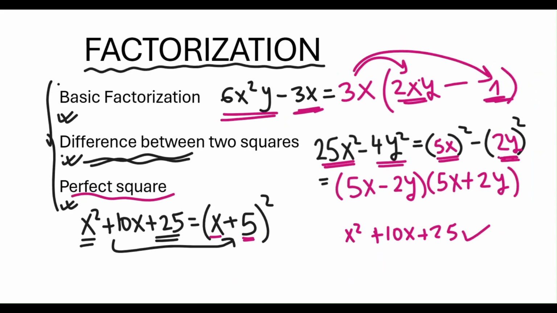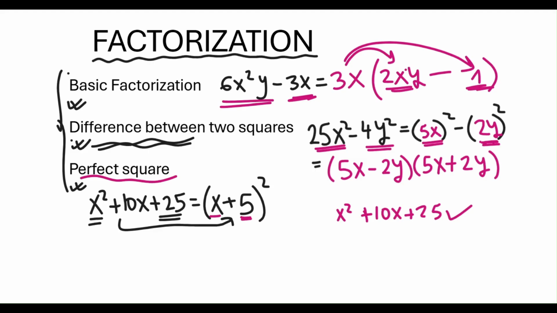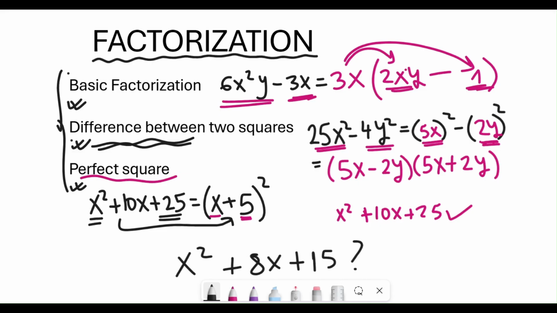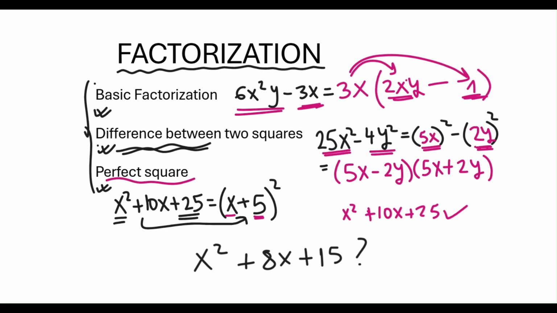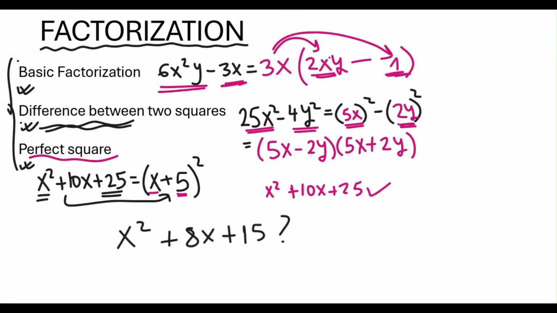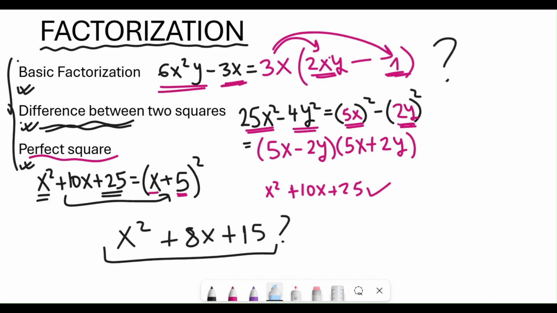But what if our question is, for example, x squared plus, let's say, 8x plus 15? Okay, first of all, do these three terms have anything in common? Can we use method number 1? No, they have nothing in common, right?